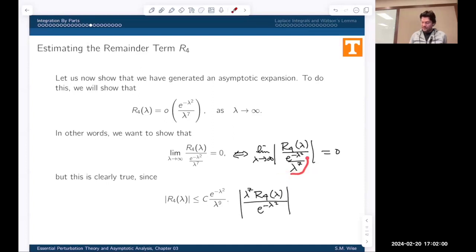All I did was invert this fraction. If I'm dividing by a fraction, I invert and multiply. But now, because of this bound down here, I can say that that's less than constant times e to the minus lambda squared over lambda to the 9th, times lambda to the 7th over e to the minus lambda squared.